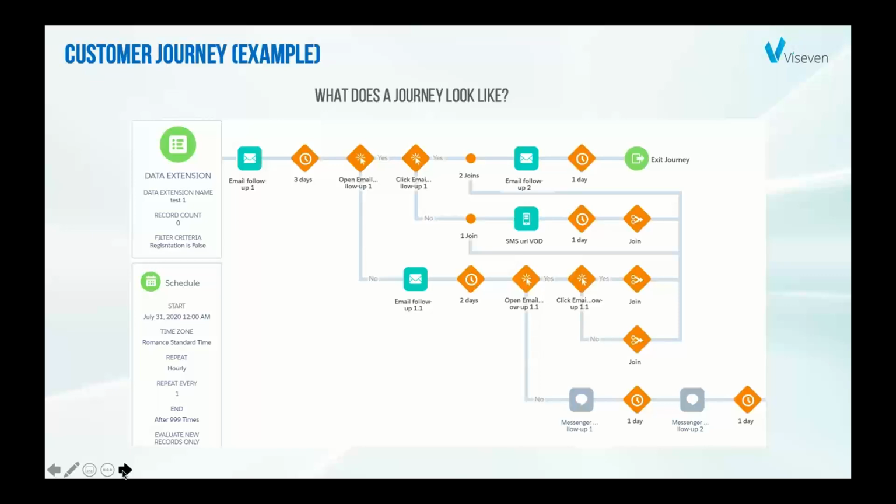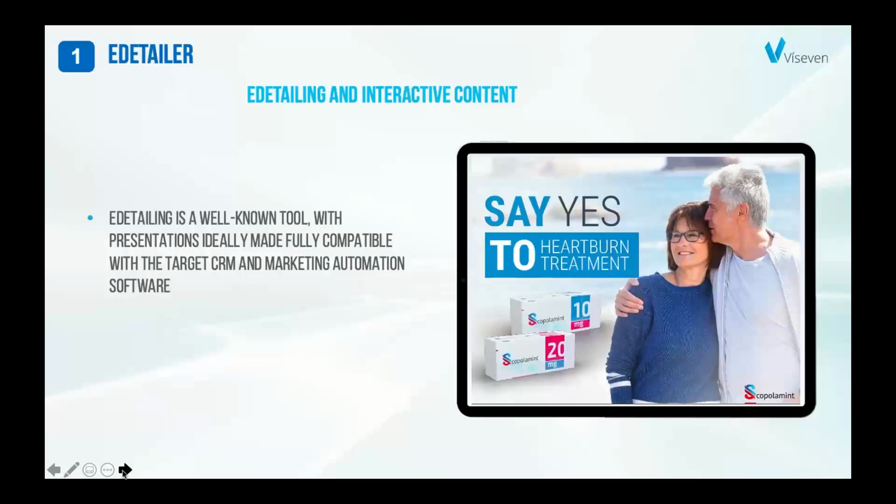You see here a couple of channels: messengers, emails, and SMS, and different orchestration elements, different kinds of waits, and branches of our journey. Building this journey and working with it is one of the main expertise areas in our company, and one of my main specialties.